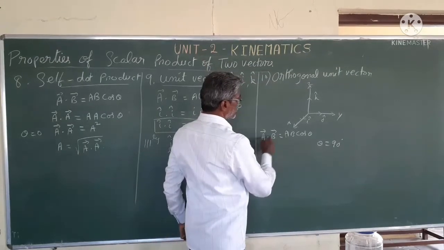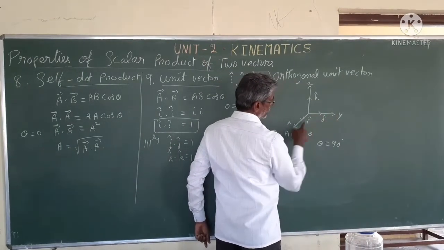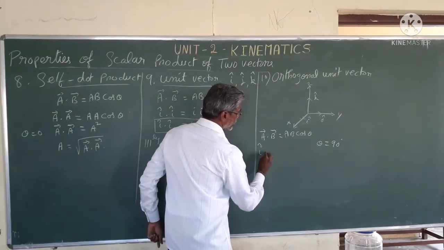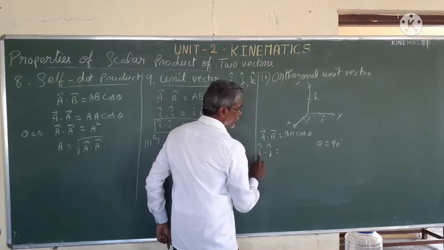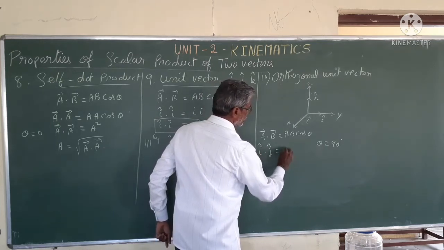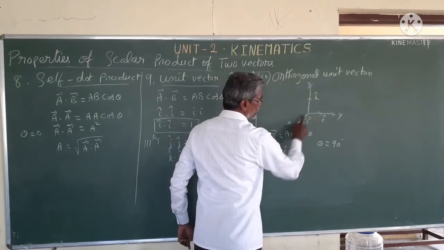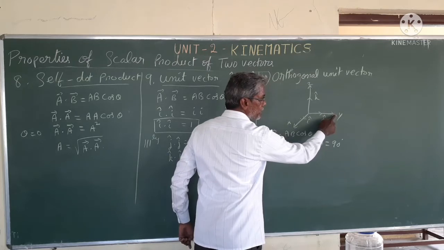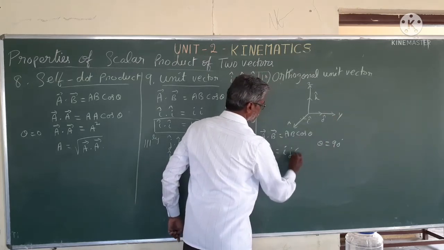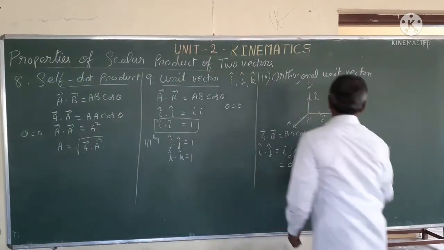Now orthogonal unit vectors. Let us take these two vectors, I vector and J vector. So I cap dot J cap is equal to modulus of I into modulus of J into cos theta. These two vectors are perpendicular to each other, so theta is equal to 90, cos 90 is 0. So it becomes 0.